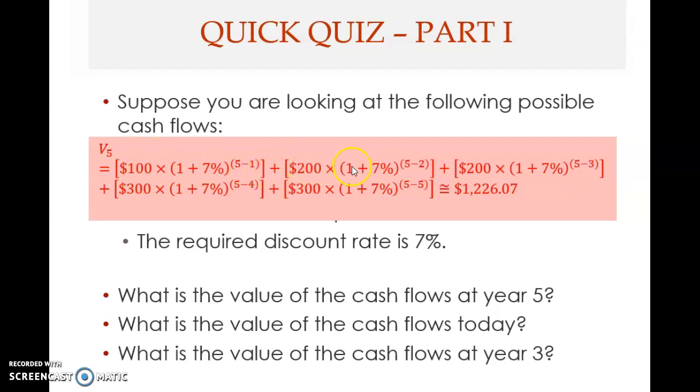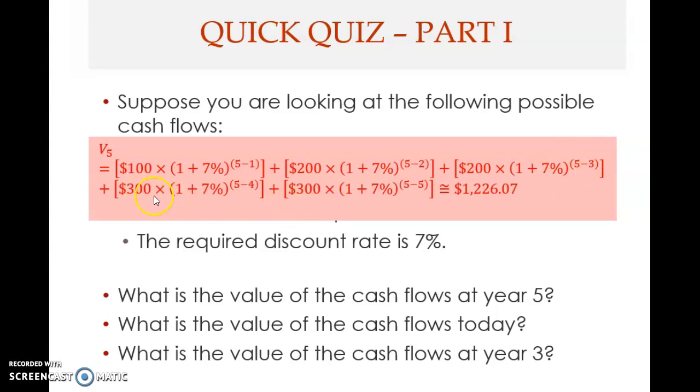Plus 200, you compound this same formula, 1 plus 7% raised to the power of 3, 5 minus 2. Because this cash flow occurs at the end of year 2, you need to compound this only 3 more years. This one you compound over 4 years, this is 3 years. Then the second 200, because this occurs at the end of year 3, you compound over 2 years, to bring it to the 5th year.